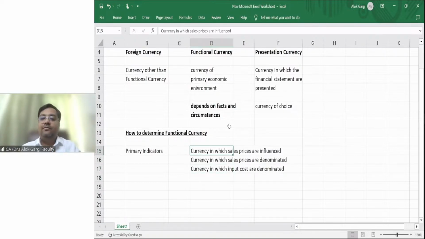Right? You have to see these three conditions in the case of the primary indicator.